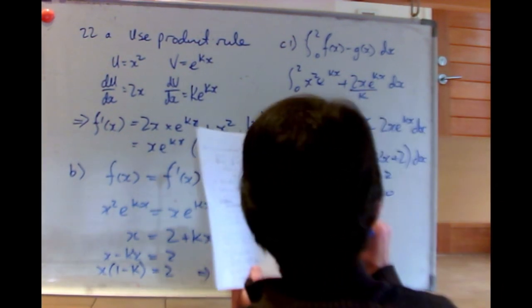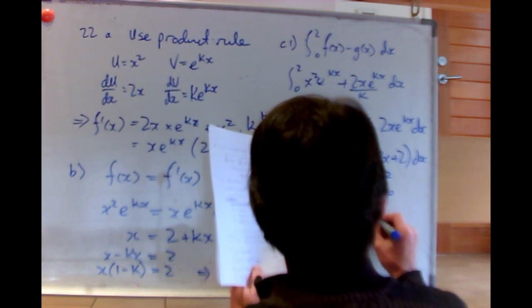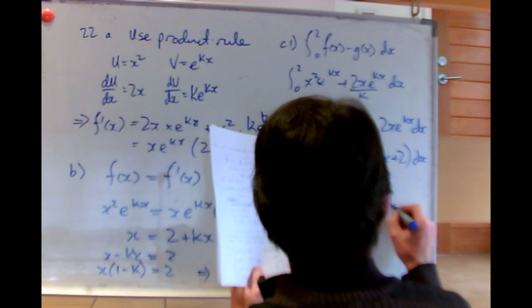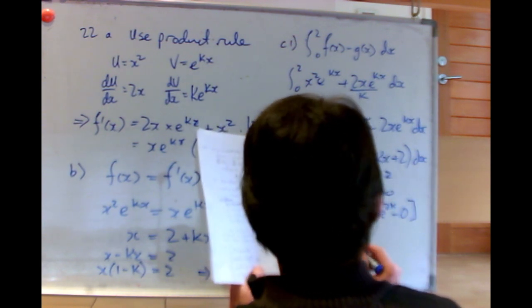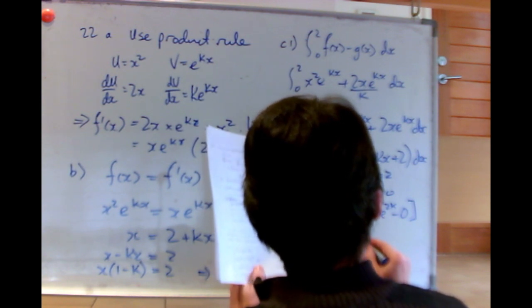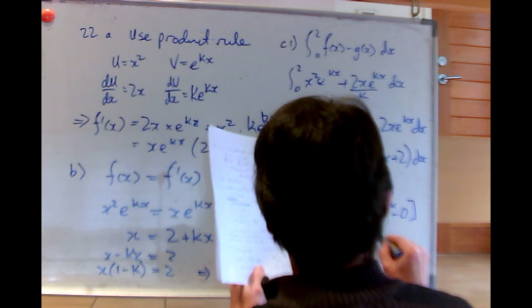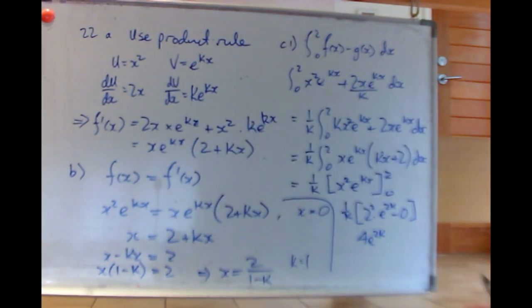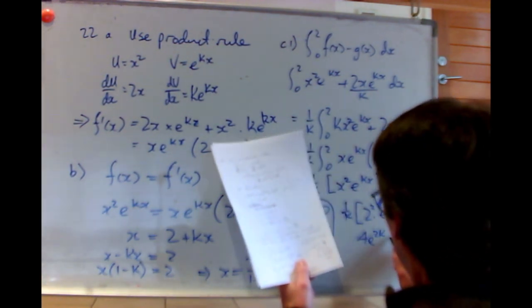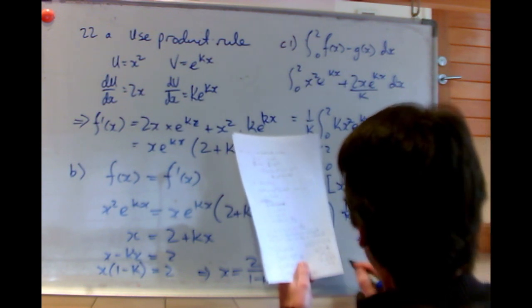Running out of space. So I get an expression for that integral, and that's got to be equal to 16 over k for the last bit.